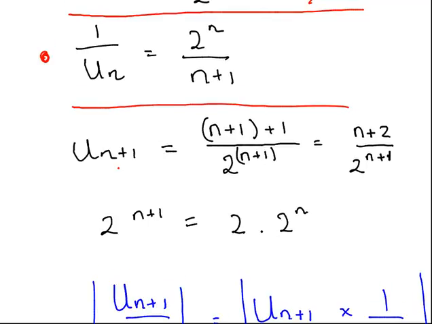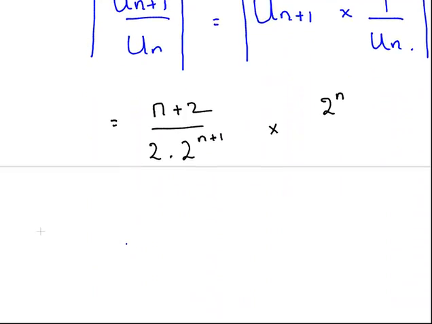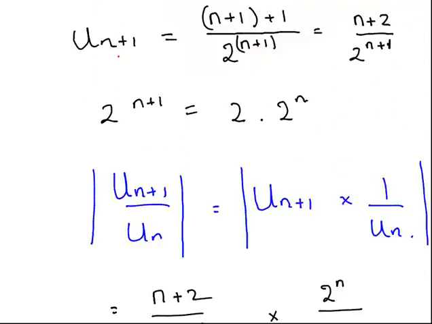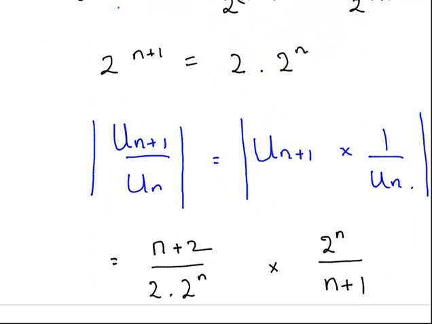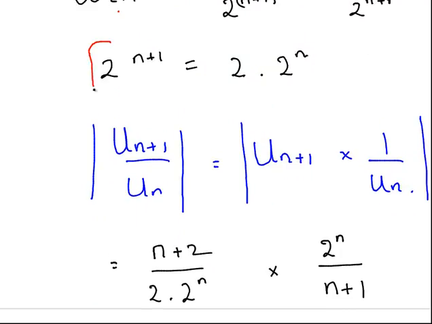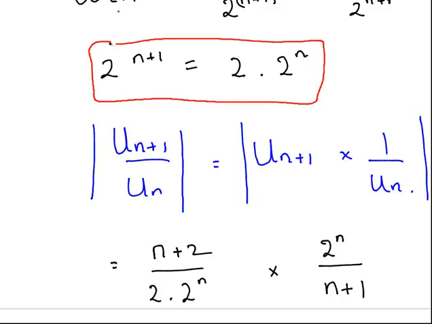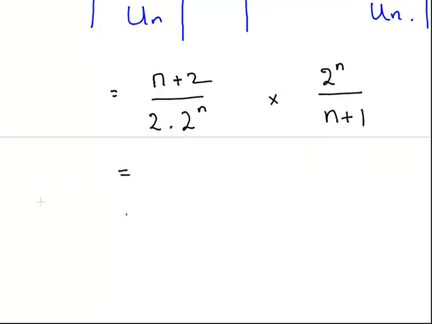So let's fix that typo. That's 2 to the power of n over n plus 1. Okay, so I'm back on track now. I just made a little mistake where I jumped too far ahead at this step.